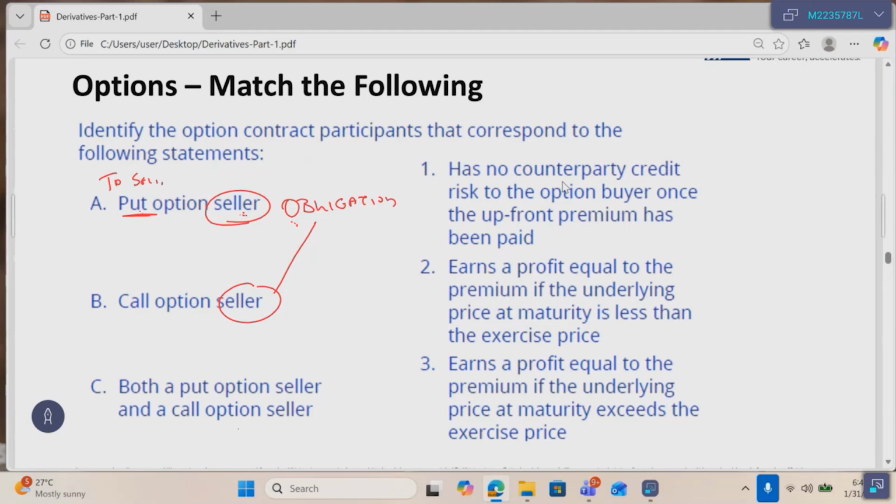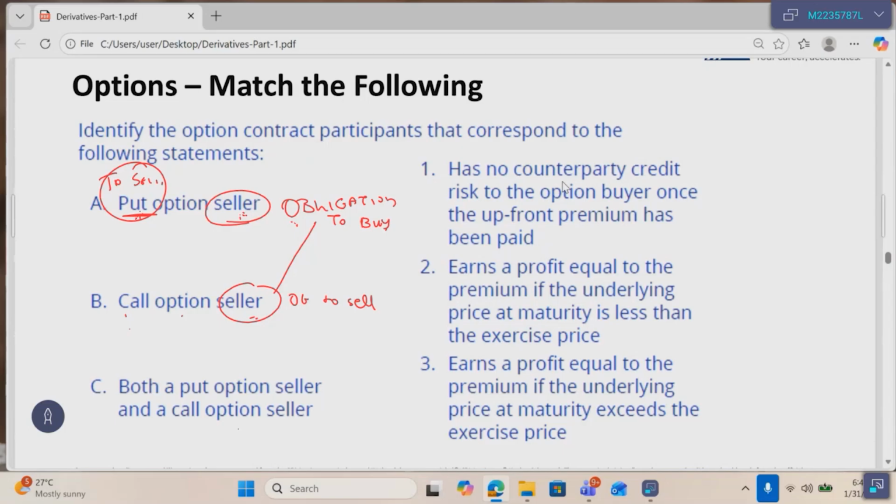Correct? Put is to sell, but from a long point of view. To a seller, it is an obligation to buy. Call option seller. He sold the call, right? He sold the right to buy. So this guy has the obligation to sell. Clear?